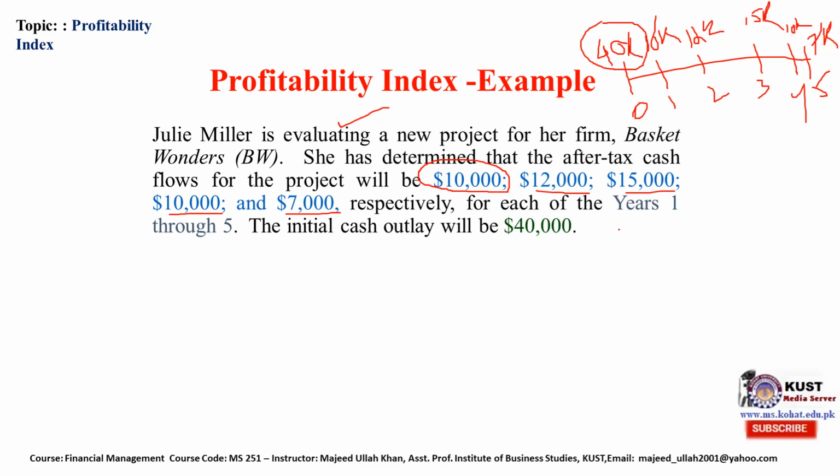How will we calculate it? First we will discount the cash flows. This is year 0, so it will not be discounted. This 10,000 will be discounted for 1 year. This 12,000 will be discounted for 2 years. 15,000 will be discounted for 3 years. 10,000 will be discounted for 4 years, and 7,000 will be discounted for 5 years.